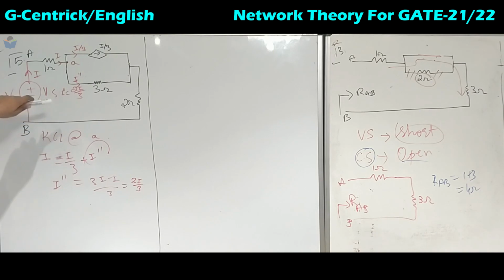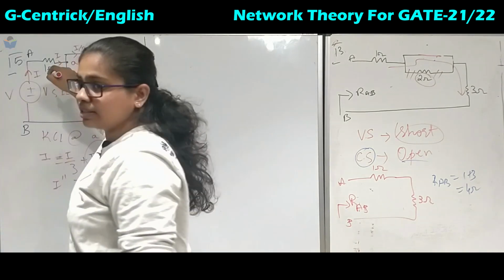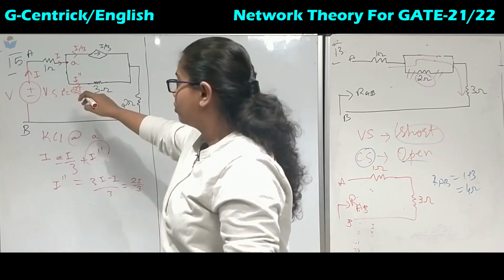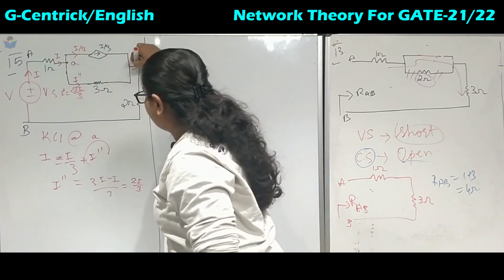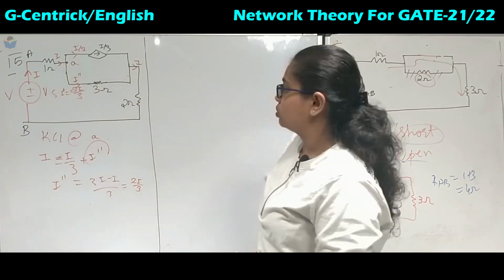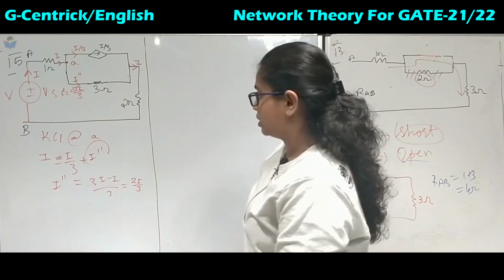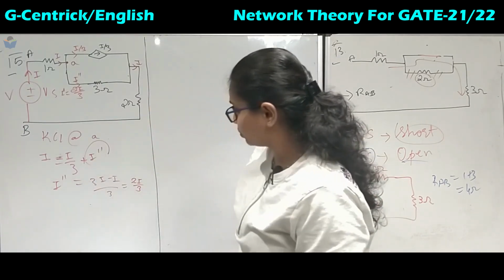Okay. So now after that we can say how much current is flowing through this circuit, that much amount of current leaves the circuit. So I is entering the circuit, so I will leave the circuit. Okay. So now we know the current in this branch also.